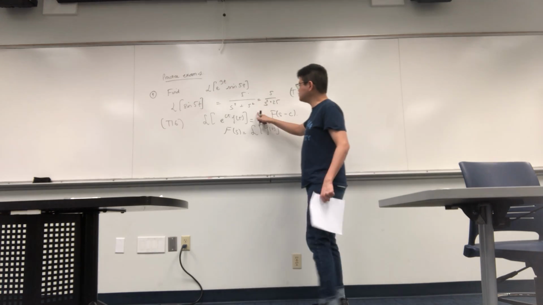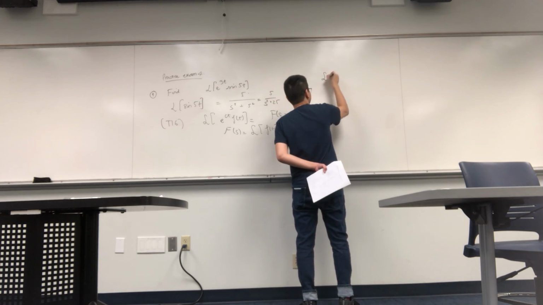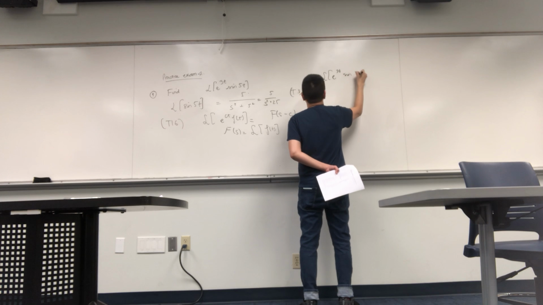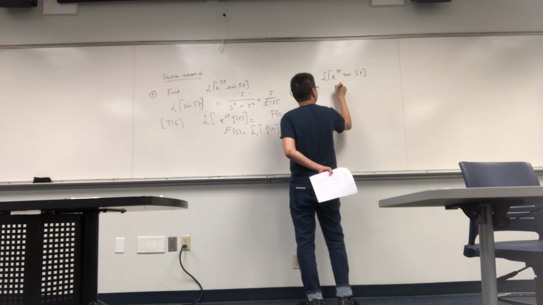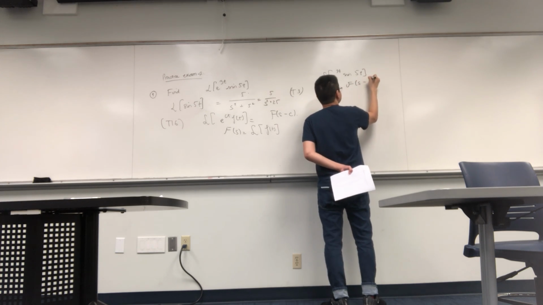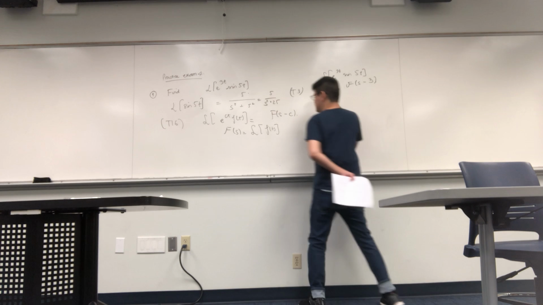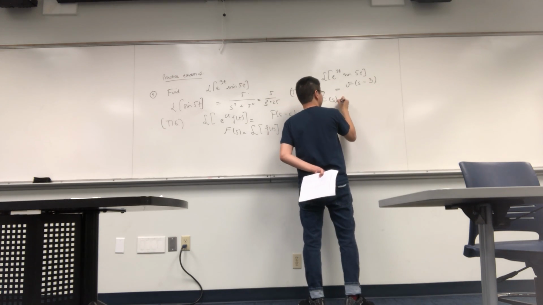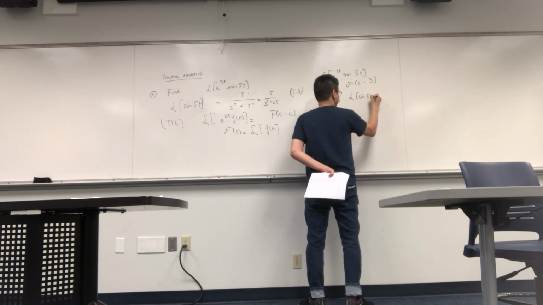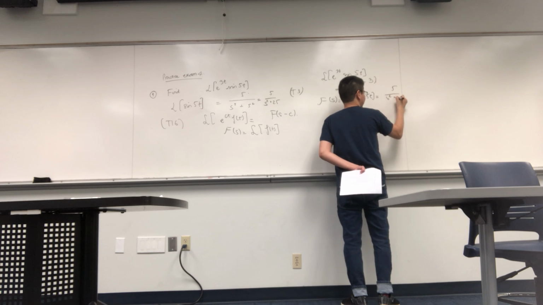Now you apply this shifting theorem to this Laplace transform. So you're gonna get the Laplace transform of e to the 3t sine of 5t will be F of s minus 3, right? In which F is the Laplace transform of sine of 5t, and this is 5 over s squared plus 25.